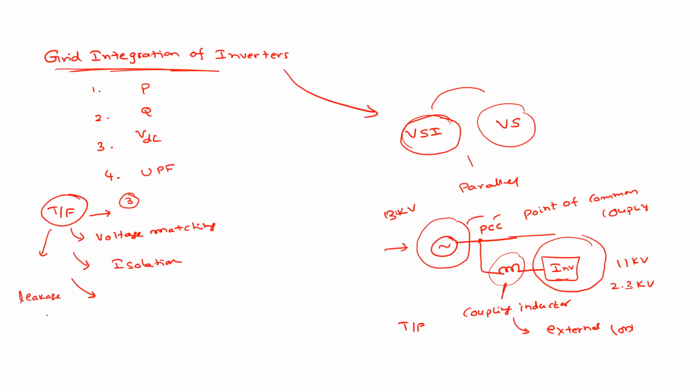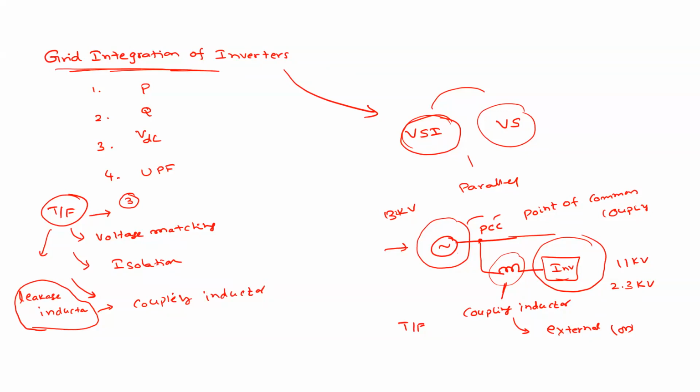Normally transformers have some leakage inductance, and the leakage inductance of the transformer will act as a coupling inductor.